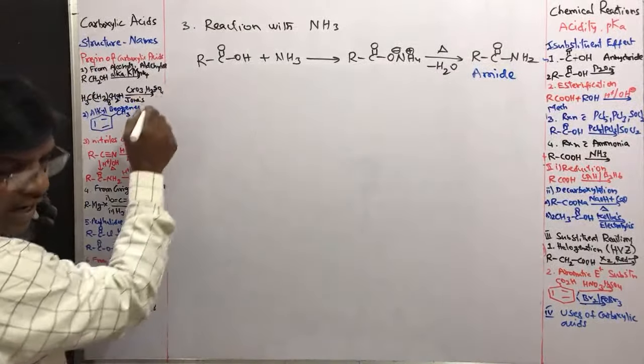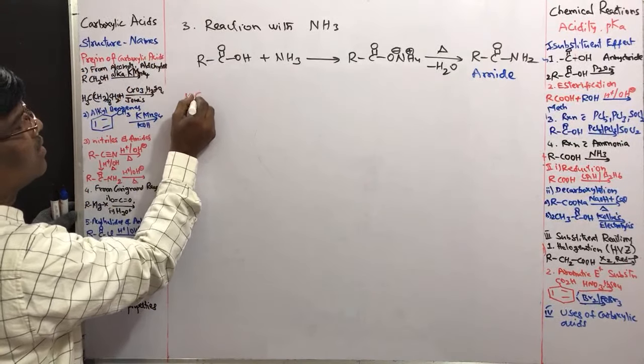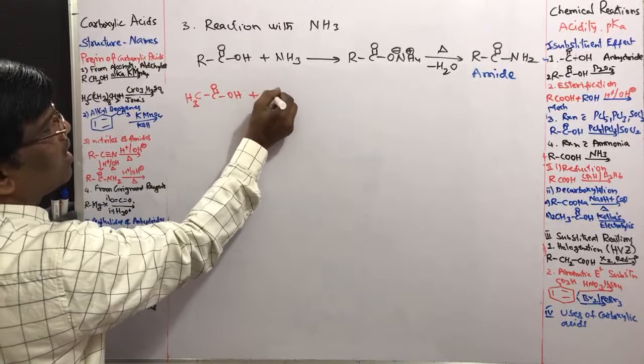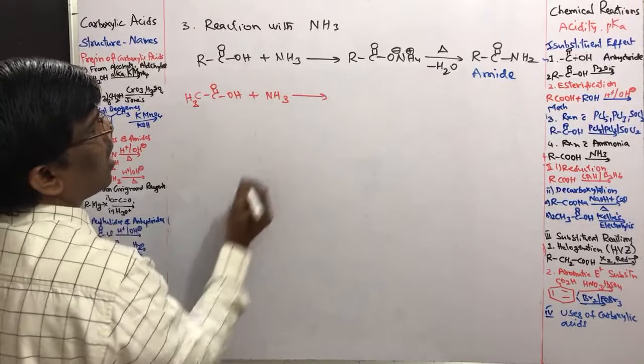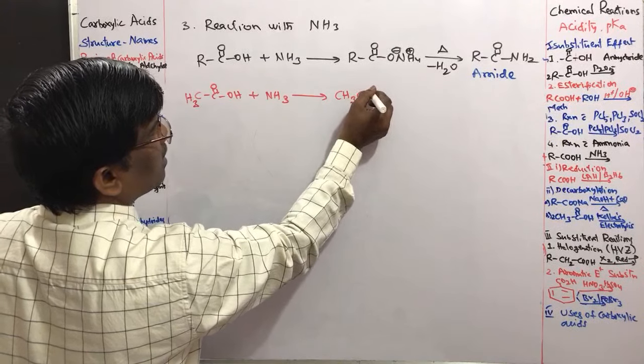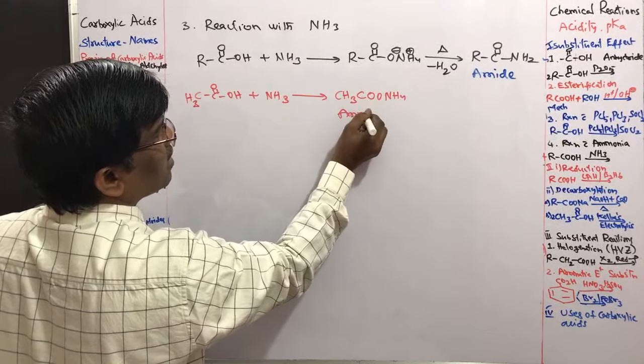For example, if I take acetic acid and treat it with ammonia, I am going to get this salt, ammonium acetate. It is a buffer.